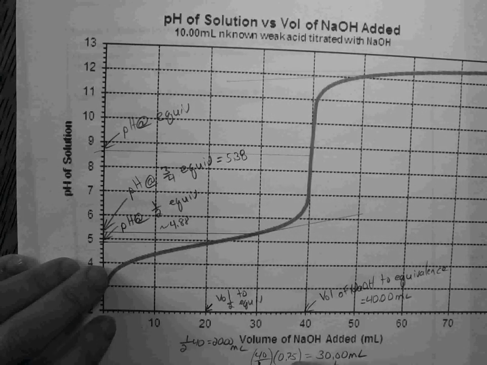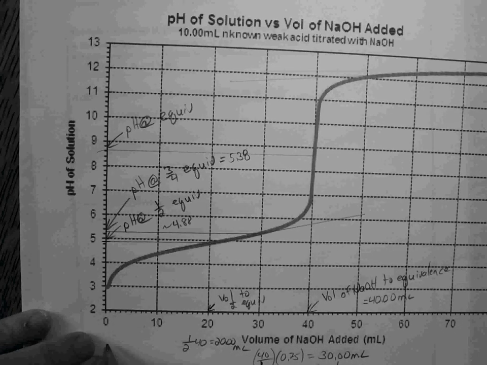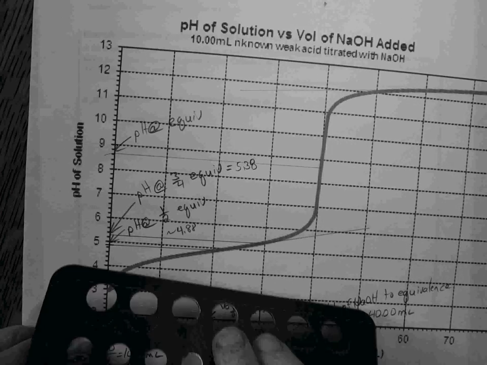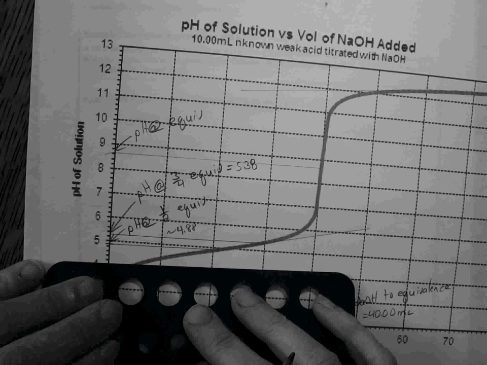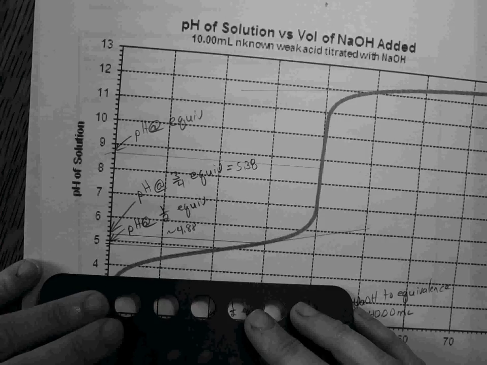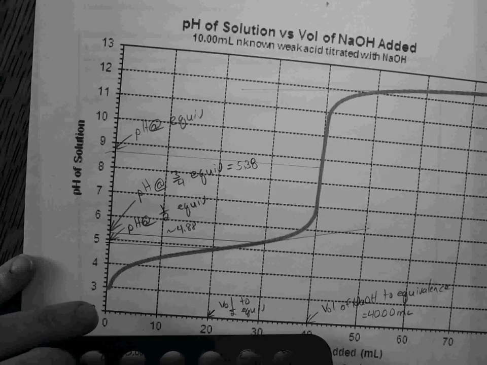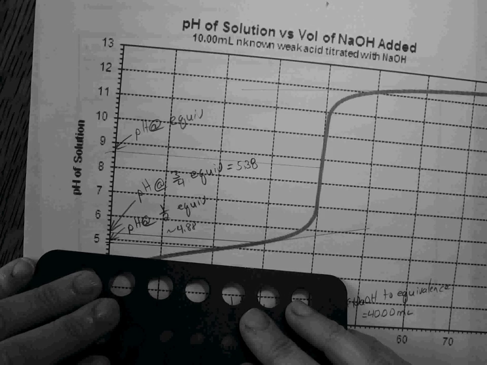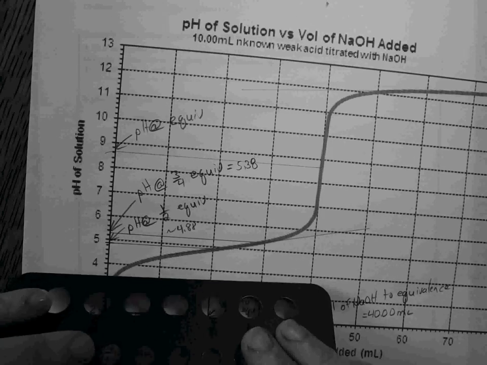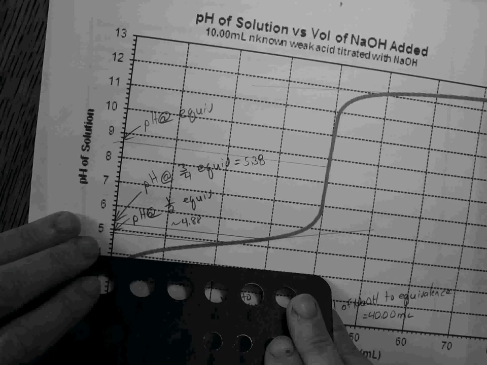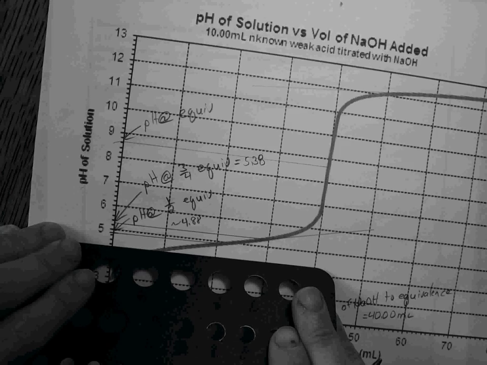And now for quarter equivalence, that's going to be at 10 milliliters. So 40 divided by 4, 10 milliliters. That gets us to the pH at 1/4 equivalence. Let's see, about 5.